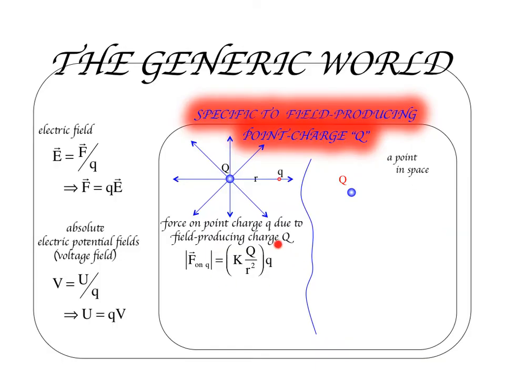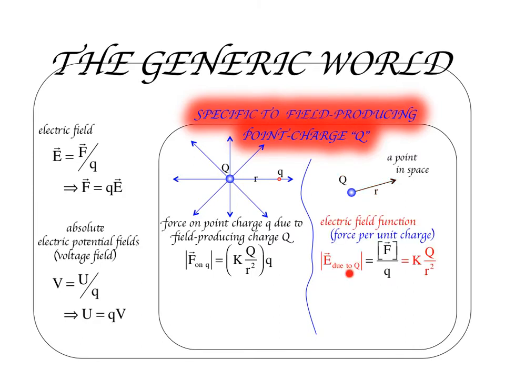So having established Coulomb's law, consider now you've got your charge here and there's a point out in space. There's nothing at the point, there's just a point out in space. You want to identify where the point is with a vector R. The electric field at that point is going to tell you how much force per unit charge is available at that point.